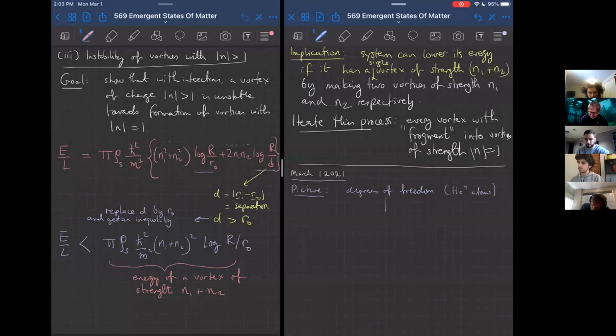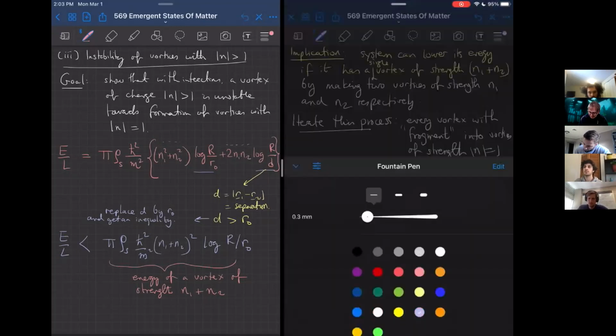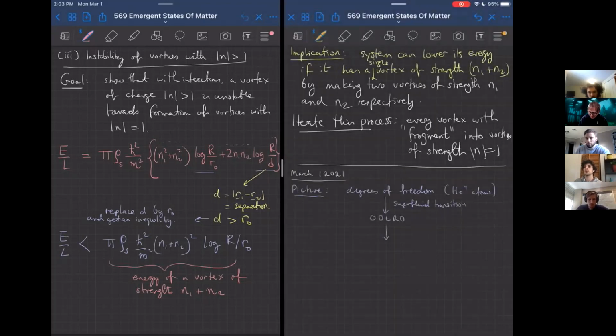And then these things undergo some form of off-diagonal long-range order through some kind of superfluid transition. And once I've got that off-diagonal long-range order, then in that order, I can find topological defects.